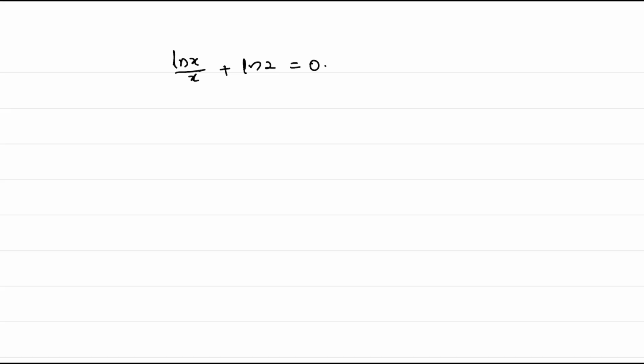From this, I have already told you about the ln x by x, what is the behavior of the x and what is the behavior of this particular function ln x by x. And ln x by x, when it becomes minus ln 2, that we will explore.